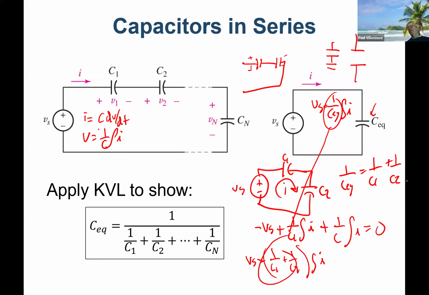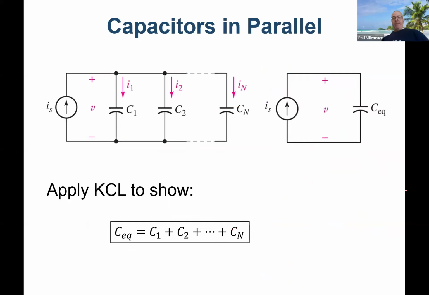So when I invert that, C equivalent is 1 over C1 plus 1 over C2, all inverted. So capacitors in series add just like resistors in parallel. So that's the actual derivation.